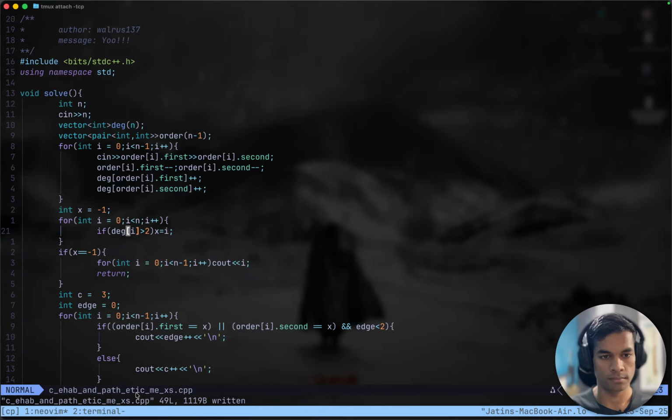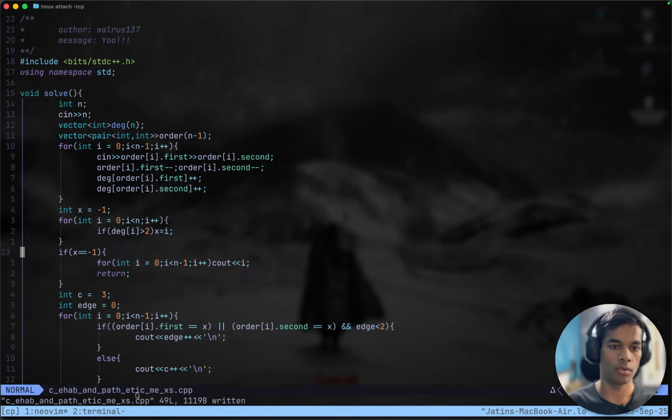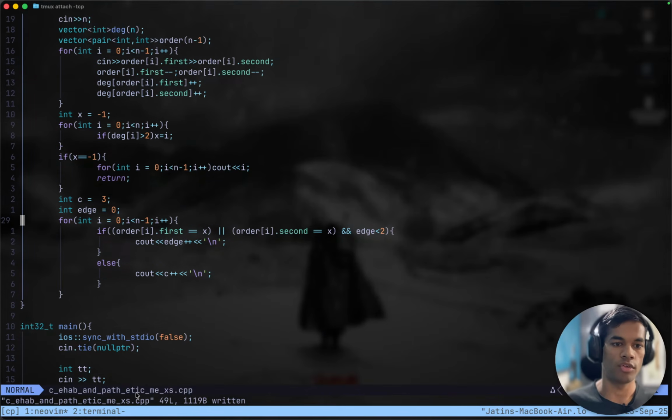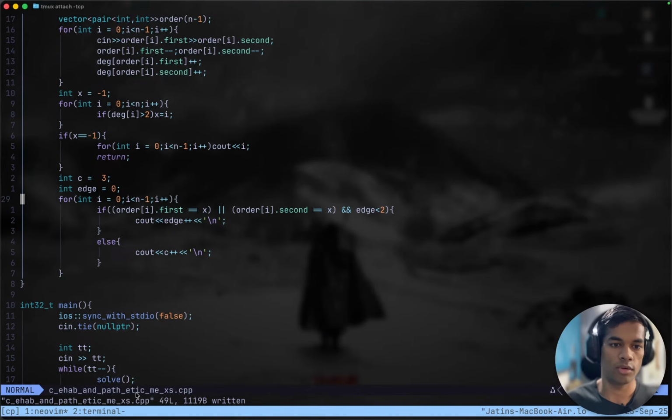If the degree is higher than 2, then here we go. And if still x equals minus 1 in this, otherwise put c equals 3 and edge equals 0.